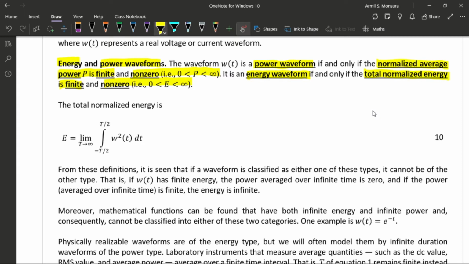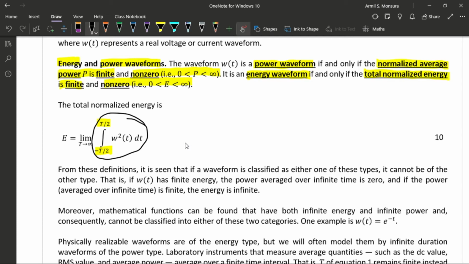Essentially, the energy is the sum of squares of your waveform values. We add up the squares of your waveform values from certain limits. Adding up for a continuous waveform means integration. Then we evaluate the limit of this expression as t approaches infinity.